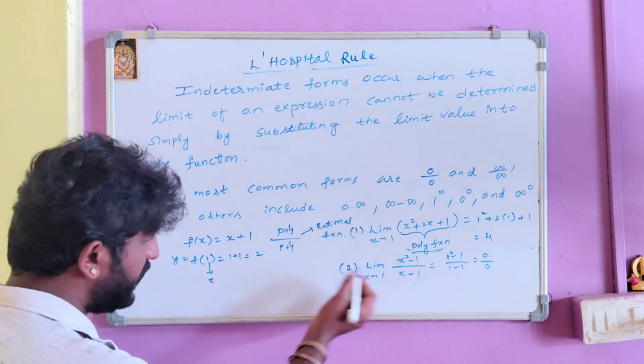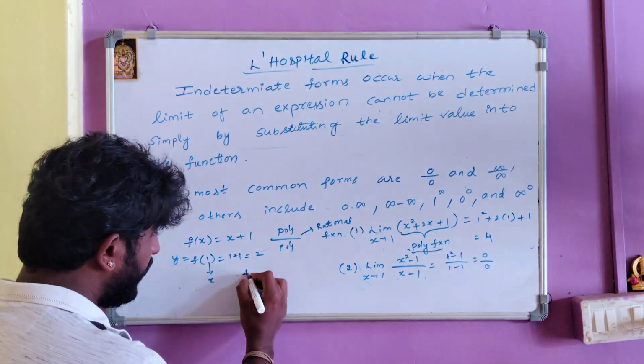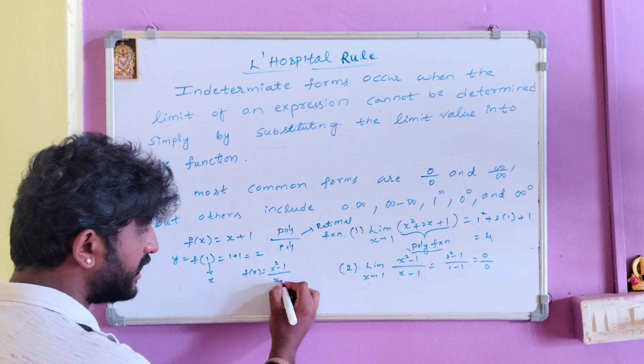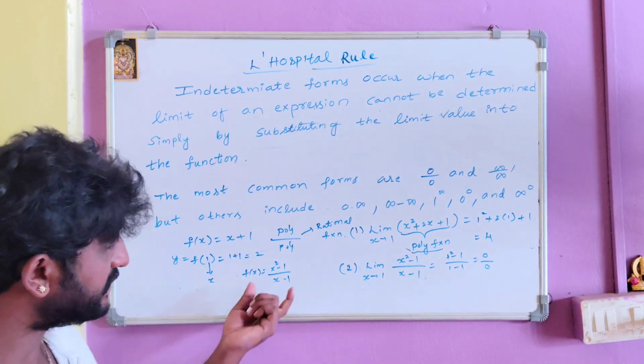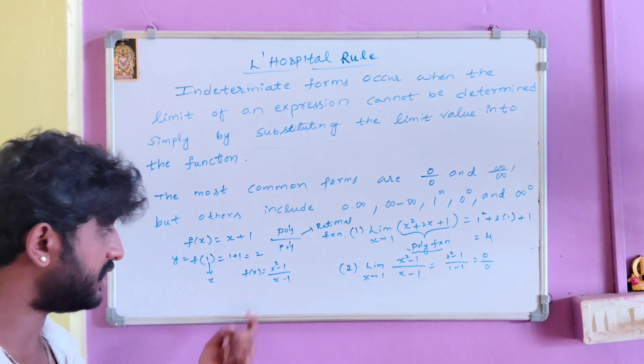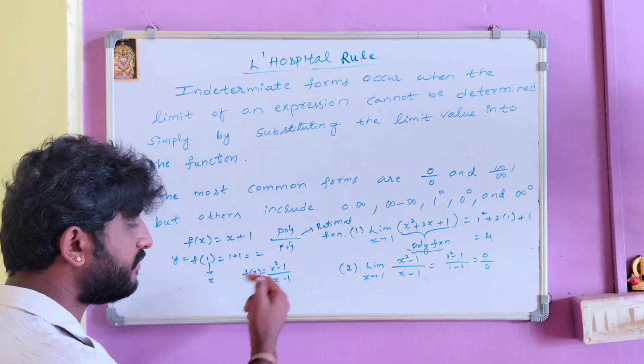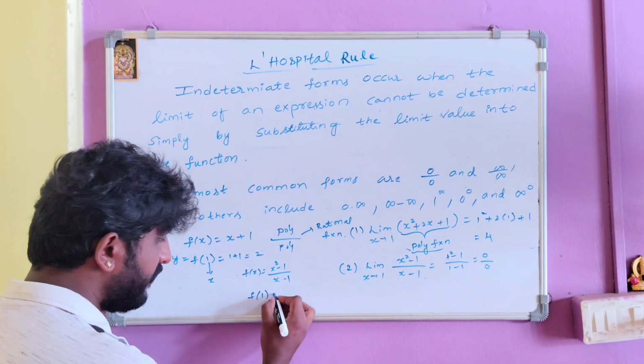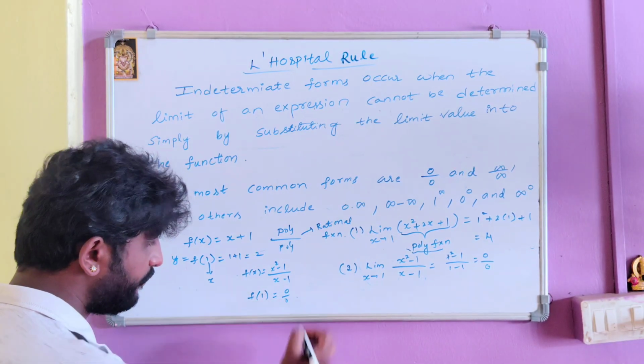Similarly, f of x equal to x square minus 1 by x minus 1. If I substitute 1 in place of x, we get 0 by 0.